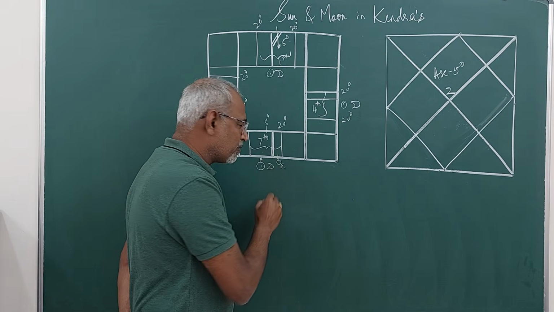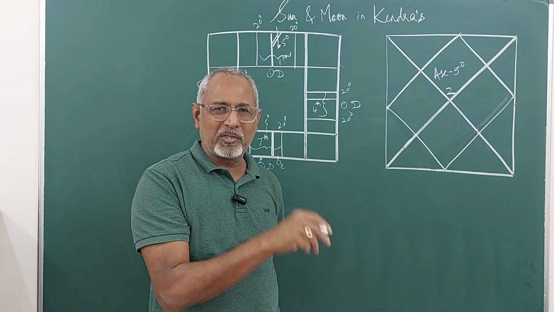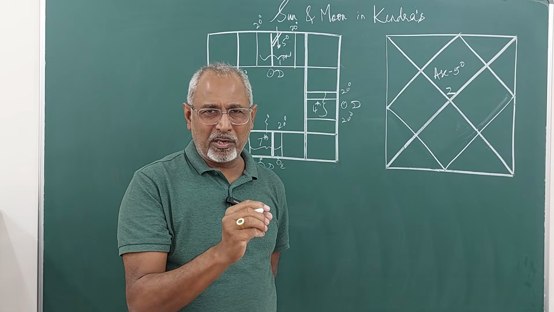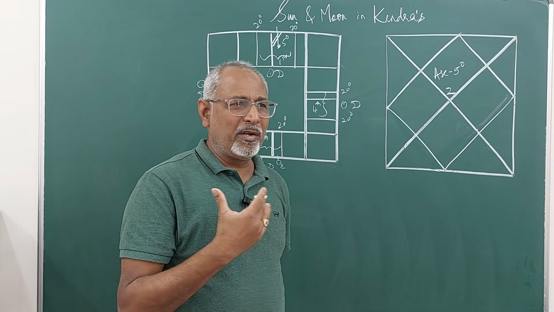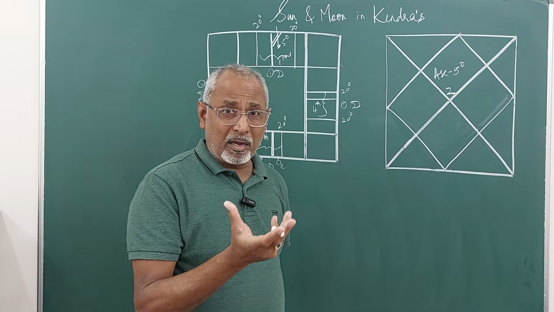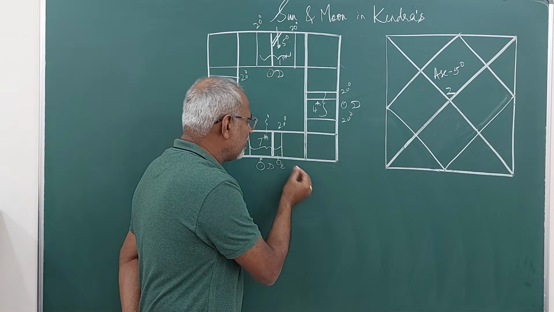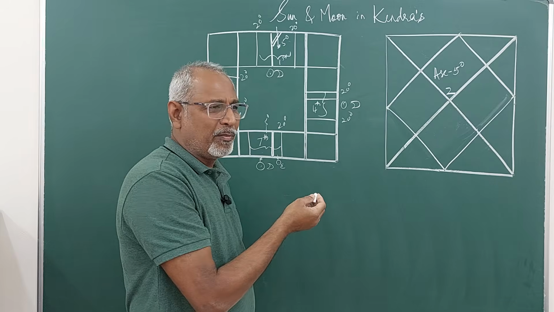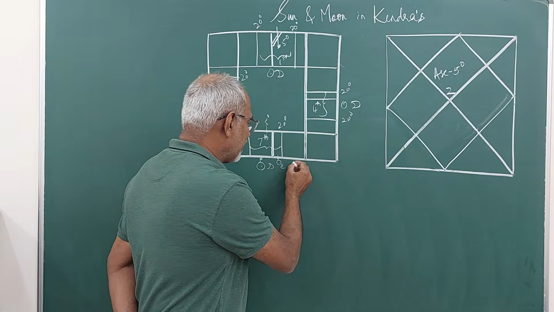Here it is the friend's house. So you should know whether Sun is posited in the enemy house or friend's house. Simply estimating, it is debilitated also in this sign, but Sun usually gets debilitated at 10 degrees here.